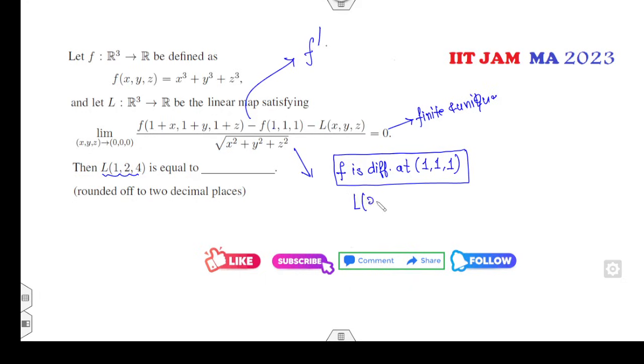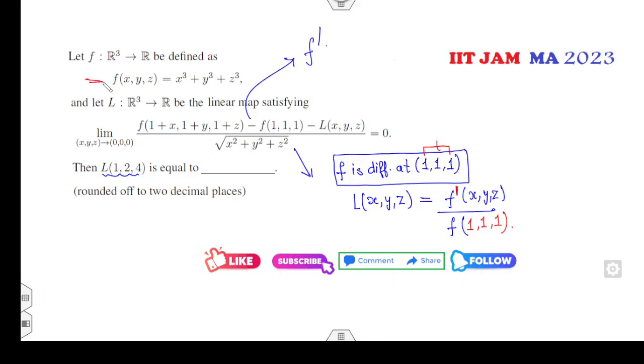So what is the shortcut trick? As I mentioned, because f is differentiable, f dash at the point 1, 1, 1 divided by the function, because the function is differentiable at 1, 1, 1, so I can substitute f of 1, 1, 1. Now you can calculate your answer. How many seconds did you need? What is the f dash? Here f is given, so the derivative will be 3x square, 3y square, 3z square at the point 1, 2, 4.